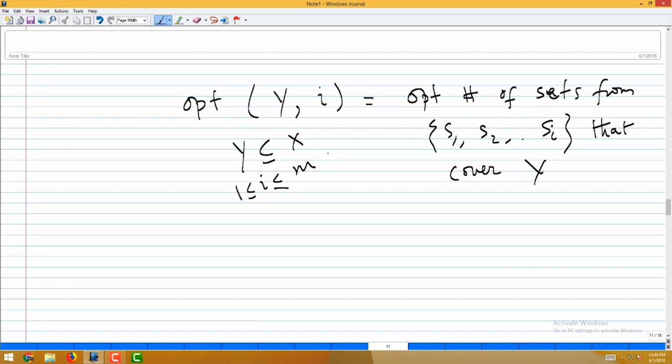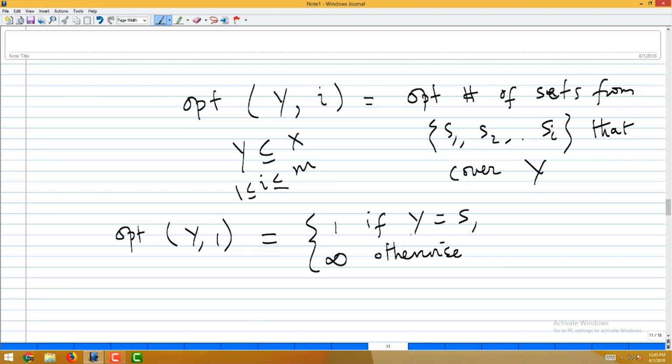Okay, but there is some incremental thing that is happening. I am just moving along the index. So, what will be the base case? Suppose i is 1, then what is it? Opt of Y comma 1 would be, I want the number of sets, 1 always, or 0. Since it is a minimization problem, if you cannot cover, you put infinity. So, this would be 1 if Y is contained in S1 and infinity otherwise.